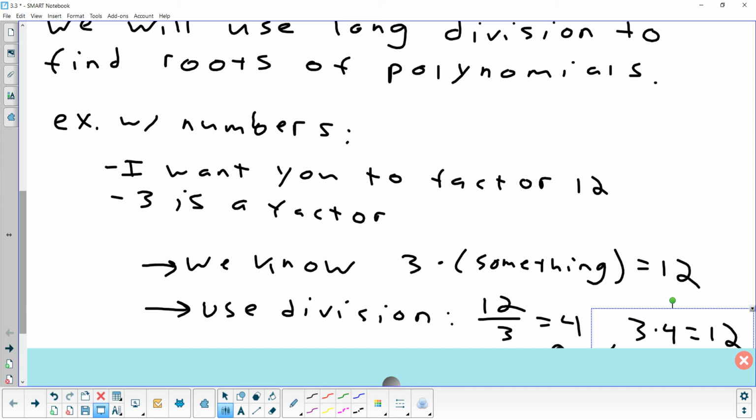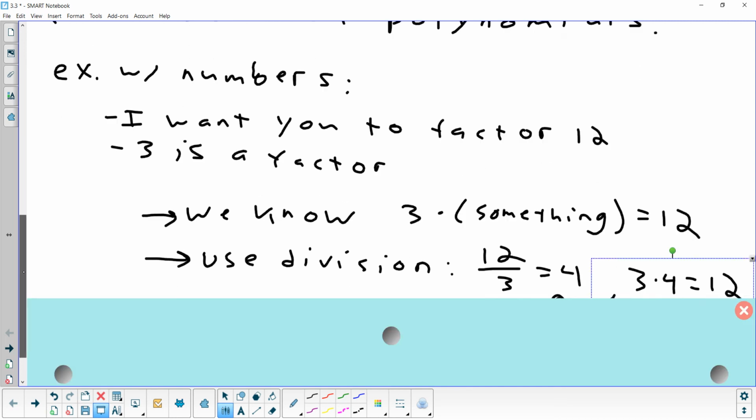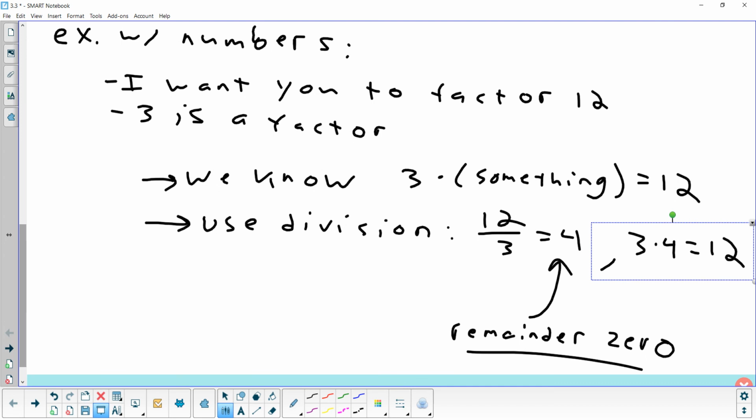Another example, the number 10. And I'll tell you 2 is a factor. Well, if you're not sure what the other factor is, take 10, divide by 2, you get 5. 5 is the other factor. 2 times 5 equals 10. Now, notice when you divide by something that's a factor, it goes in evenly. And that's very important.